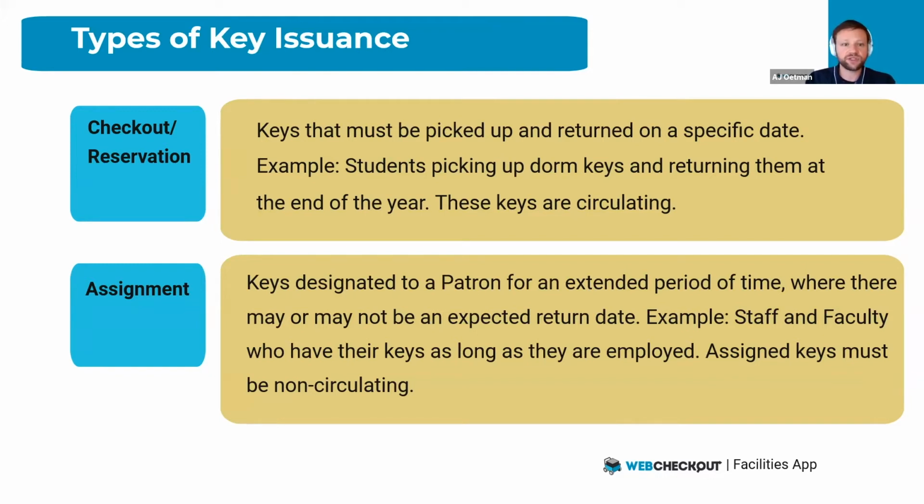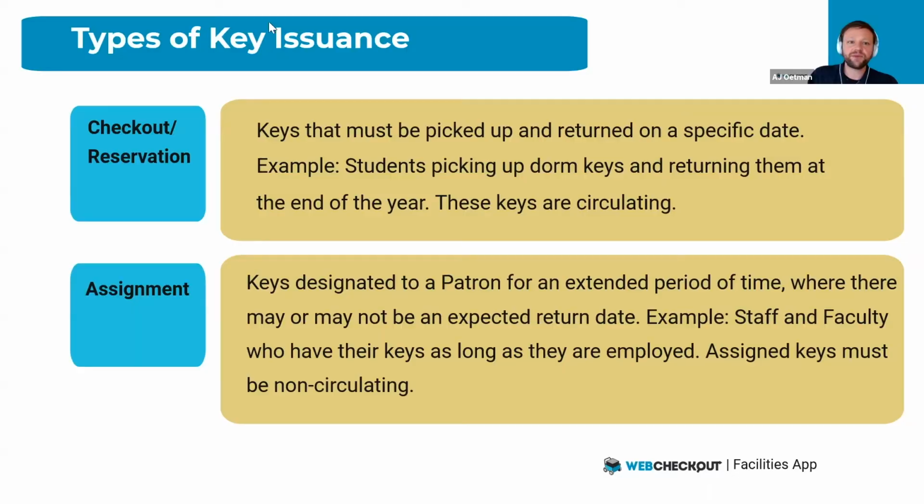These keys are circulating. Assignment types are keys that are designated to a patron for an extended period of time, where there may or may not be an expected return date. A good example is staff and faculty who have their keys as long as they are employed. Assigned keys must be non-circulating.